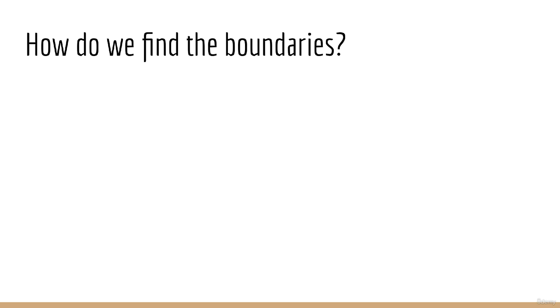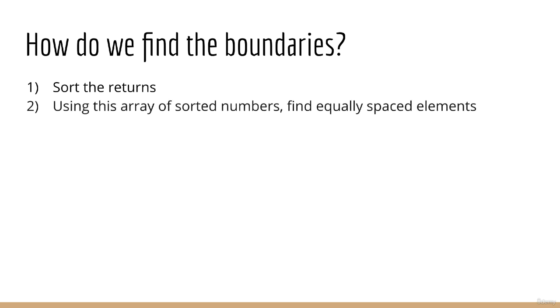Okay, so next, let's discuss the hard part, which is how do we find the boundaries in the first place? Conceptually, this is pretty easy. All we have to do is sort the returns. Now we have an array of sorted numbers from smallest to largest. Since this is an array, we can look for equally spaced elements in the array. So as an example, let's say our array contains 100 elements and we want to split it using 10 bin boundaries.